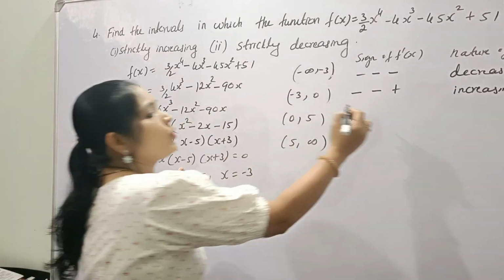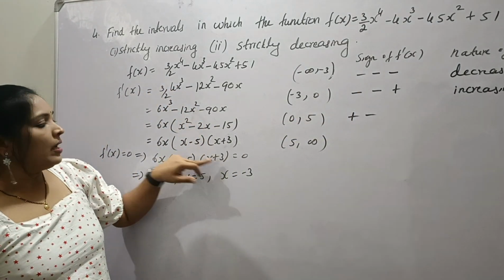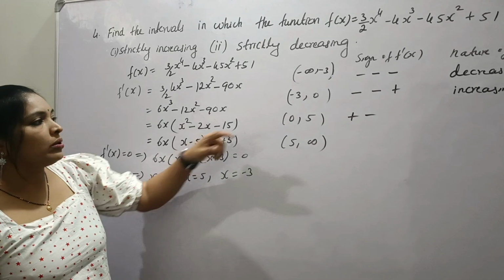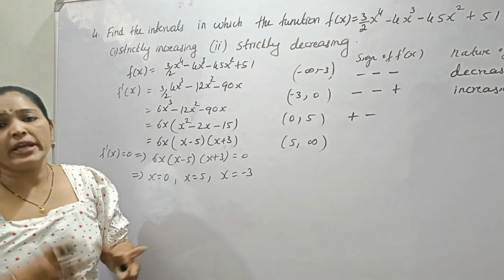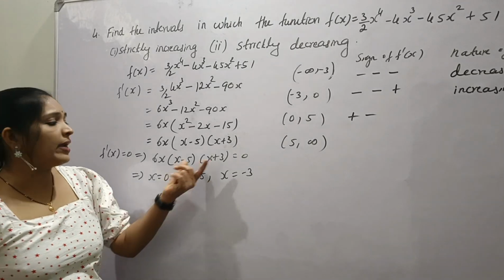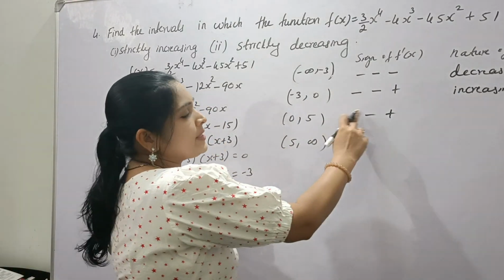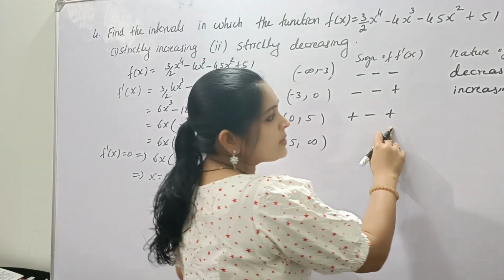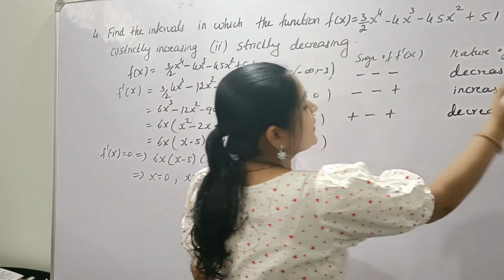So it is minus. So here x plus 3: when we substitute any positive values of x, it will be positive itself, right? So it is positive. Then plus into minus, minus into plus, minus. So it is decreasing, strictly decreasing.